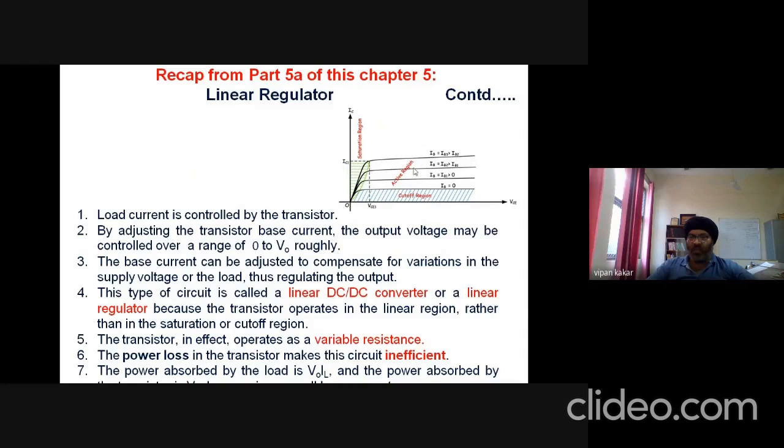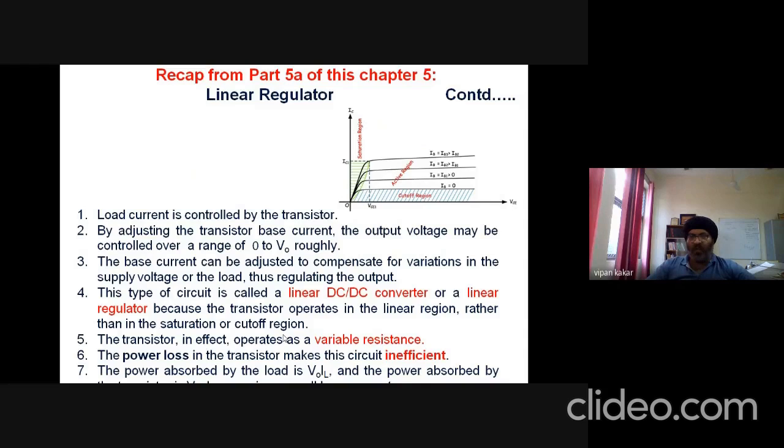Due to this operation of the transistor in the linear region or active region, it is called a linear regulator. Due to this operation, a lot of power losses are incurred. So that's why this linear regulator is not an efficient circuit.